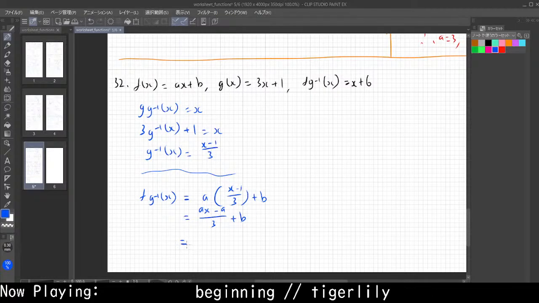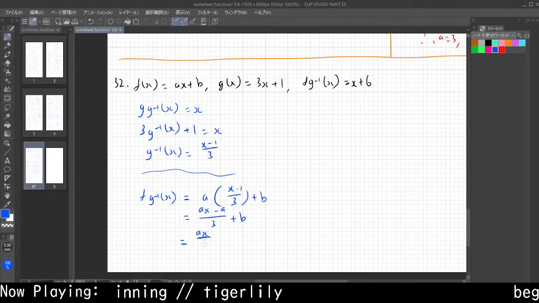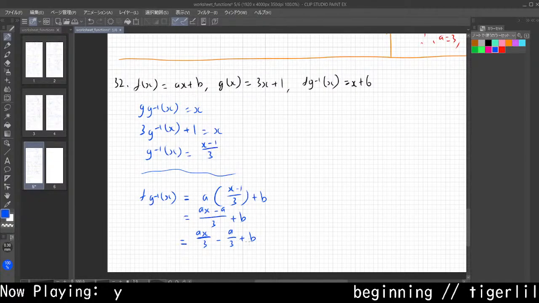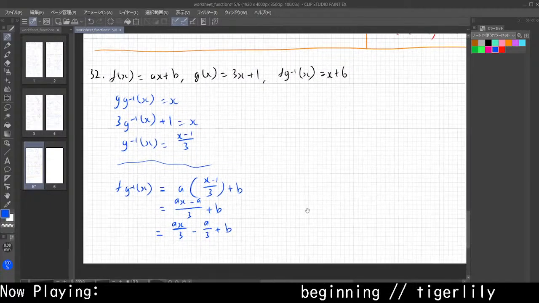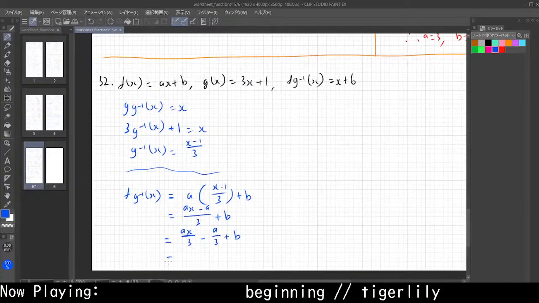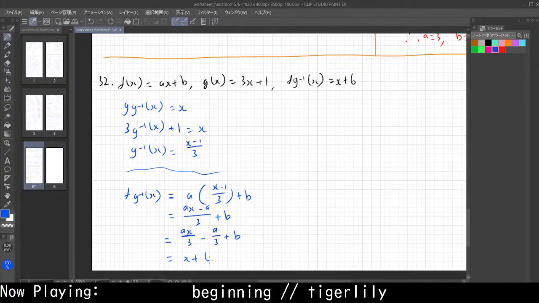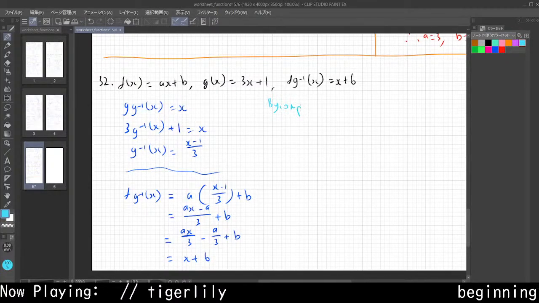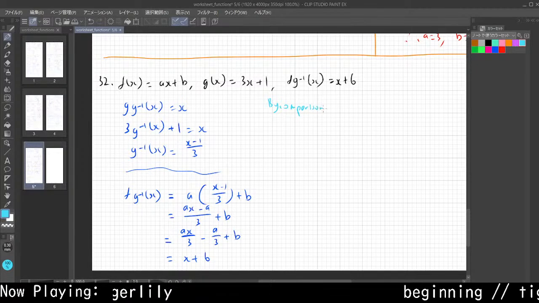Split it into x and non-x terms. You get ax over 3 minus a over 3 plus b. This will be equal to the one given in the question, which is x plus 6. Okay, comparison: x will compare with your x.